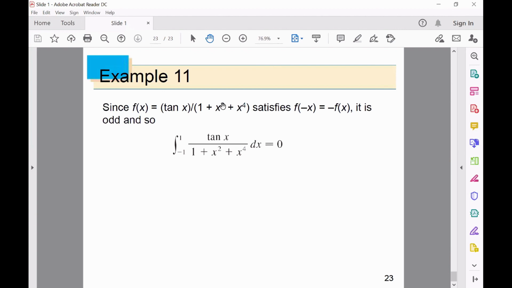Here this function is odd because when we evaluate f of minus x, it's equal minus f of x. Then your function is odd, and when we have an odd function, the integral between minus 1 and 1, or between minus 2 and 2, or between minus 5 and 5 is equal 0 because your interval is symmetric and your function is odd. This is all for today.